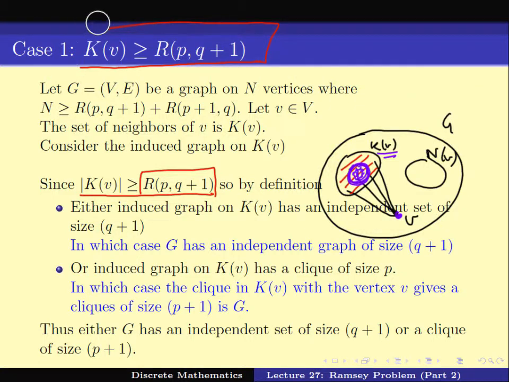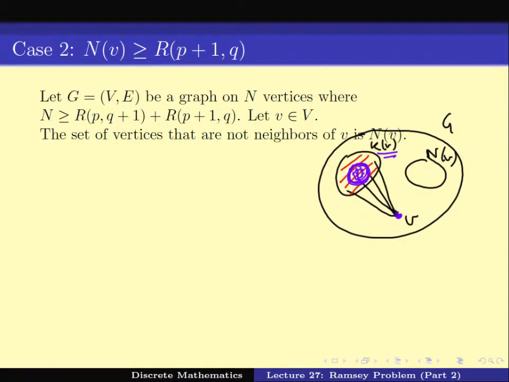Now in case 2, we have a similar argument, except that now we will look at the NV setting. So in case 2, NV is bigger than R(p+1,q). At this time, again, look at the induced graph on NV.